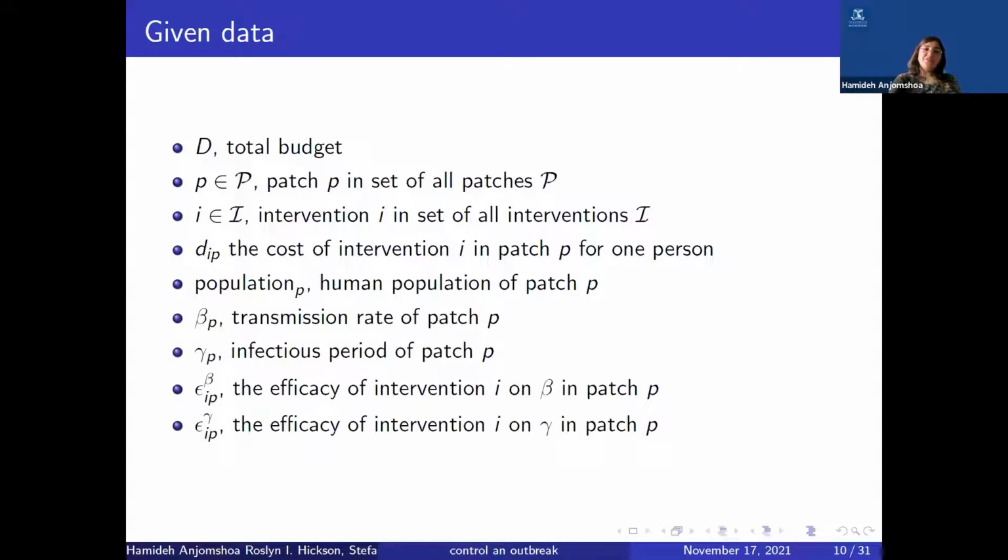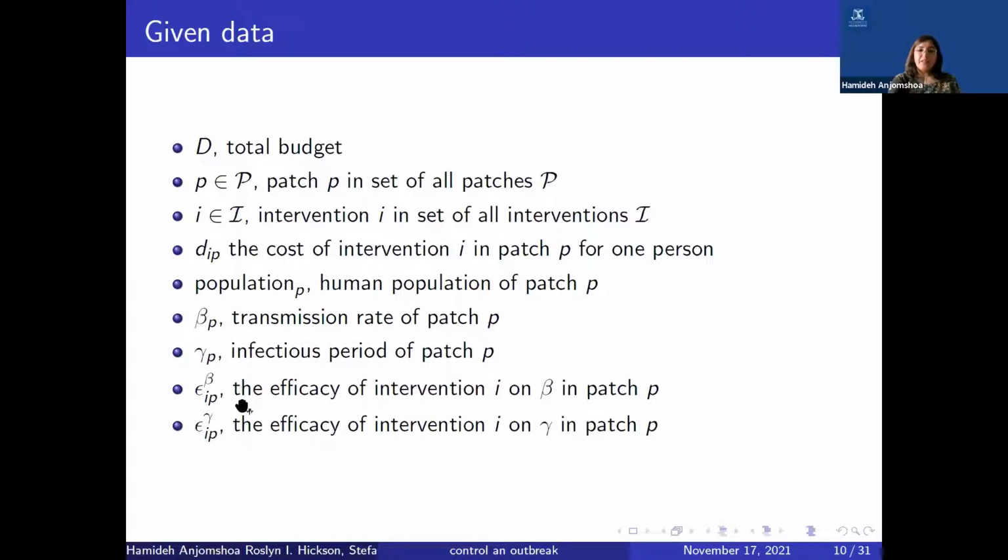The other set of parameters are specifically related to infectious parameters that we need to consider. We have beta P, which is the transmission rate of patch P, and gamma, which is the infectious period in each patch.